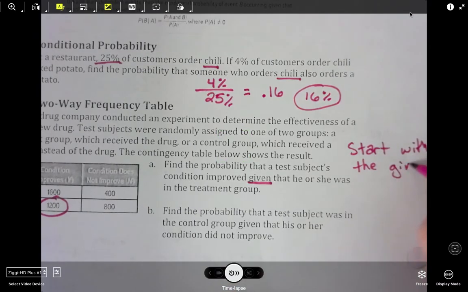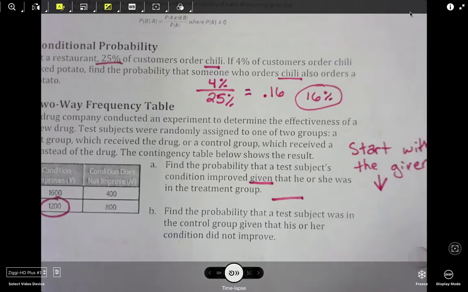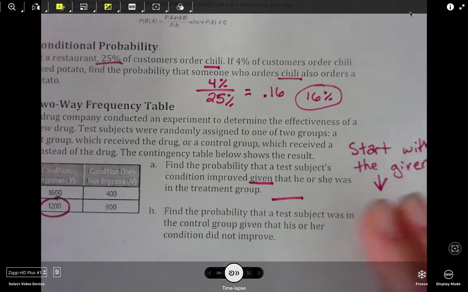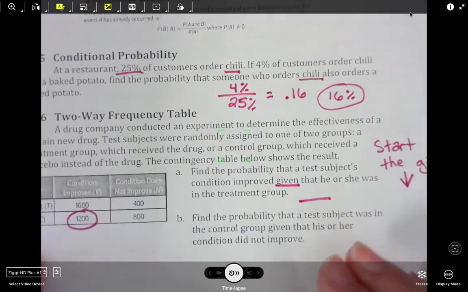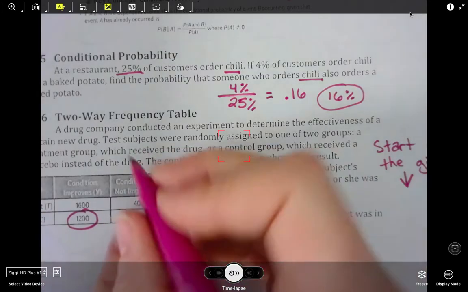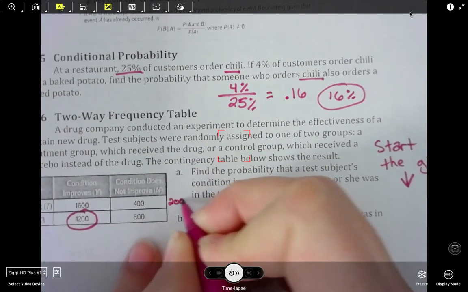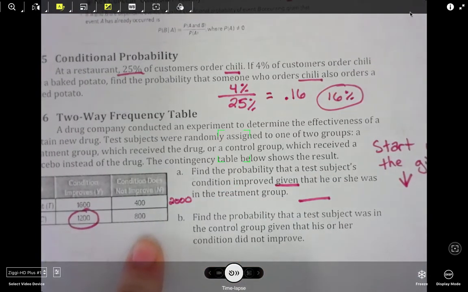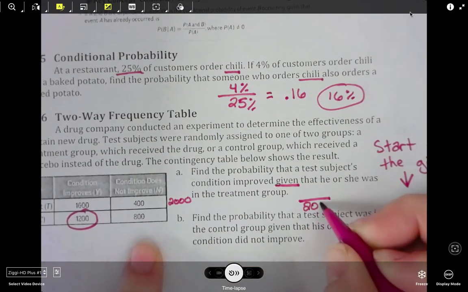And that's the bottom number in your probability. Given that he or she was in the treatment group. Okay, so now we have to look and see how many people were in the treatment group. Well, 1,600 was in the treatment group, but so was 400. So together, there were a total of 2,000 people in the treatment group. Given that they were in the treatment group, 2,000 goes in the bottom.